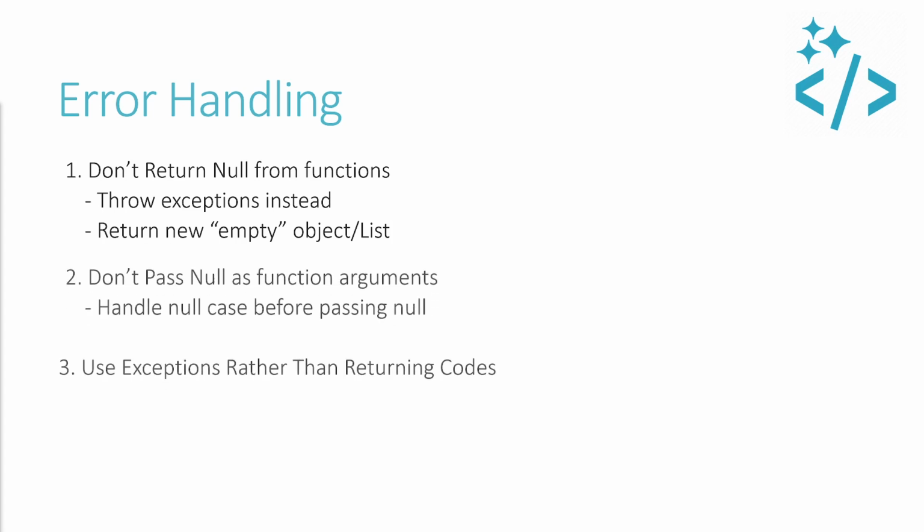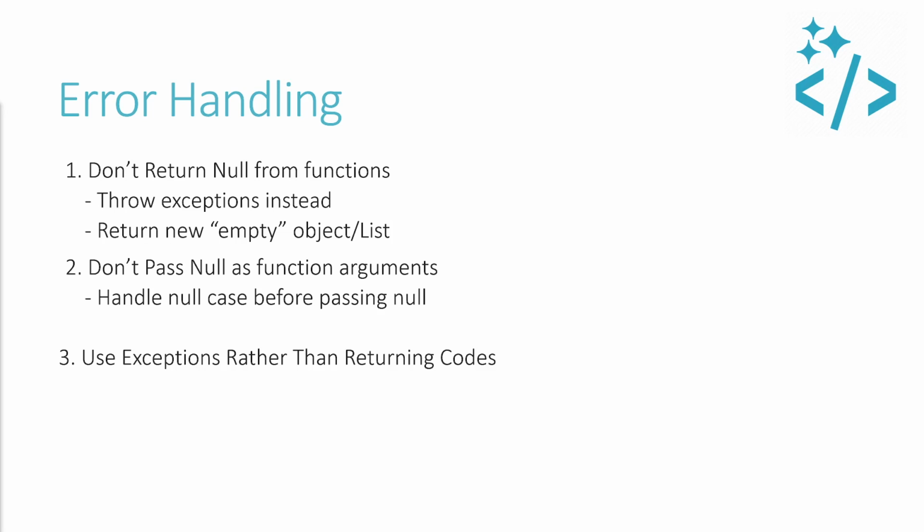We also shouldn't pass null as a function argument. We should ideally handle the null case before passing the null. This way we avoid a lot of null reference exceptions we have in our code as bugs, and we should use exceptions rather than returning error codes.